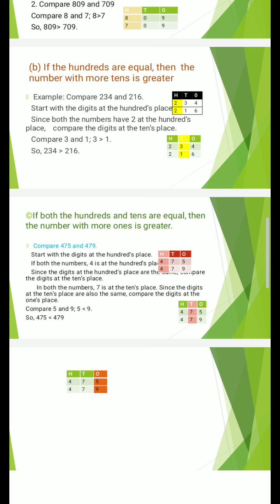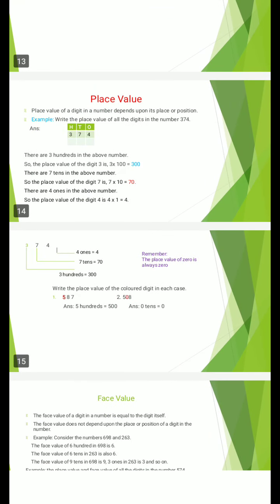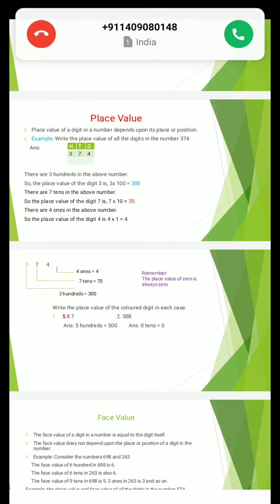In this case, both the numbers have hundreds place digit 4 and tens place digit 7, and the ones place digits are 5 and 9. So we compare 5 and 9. We get 5 is less than 9. So we get 475 is less than 479.